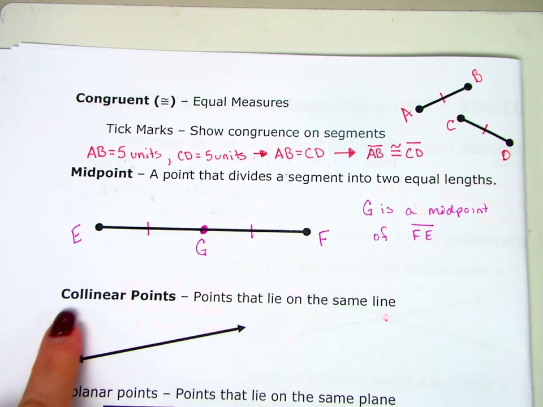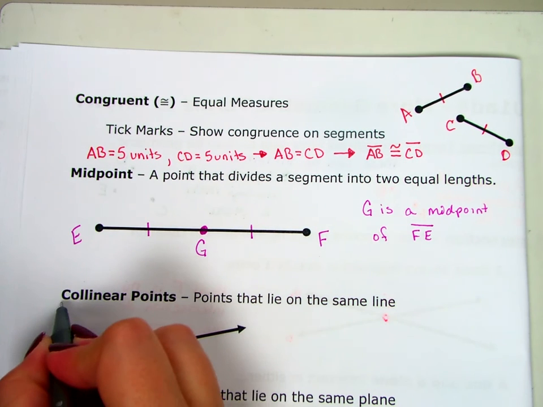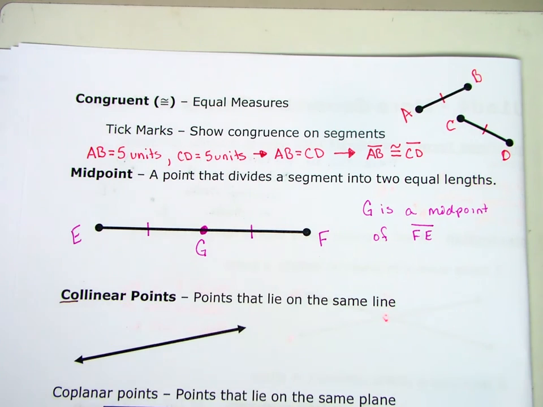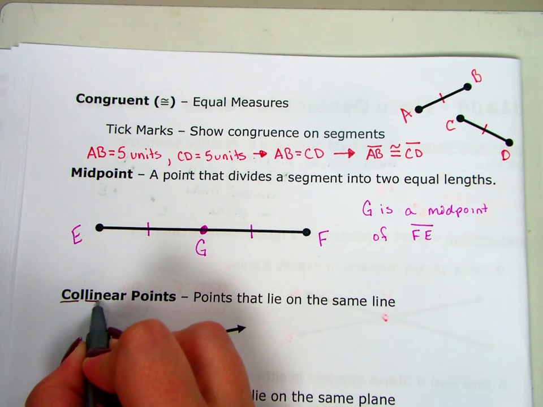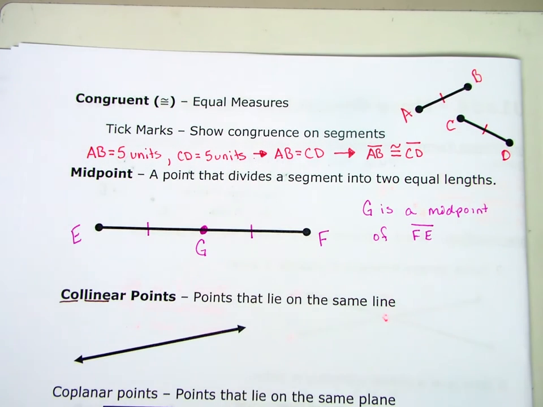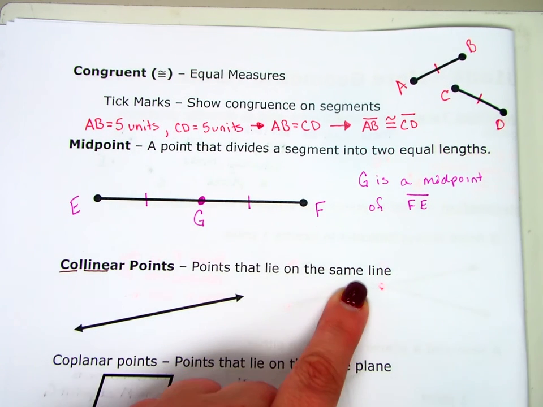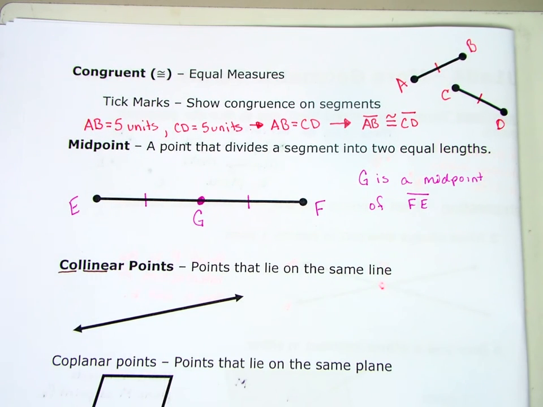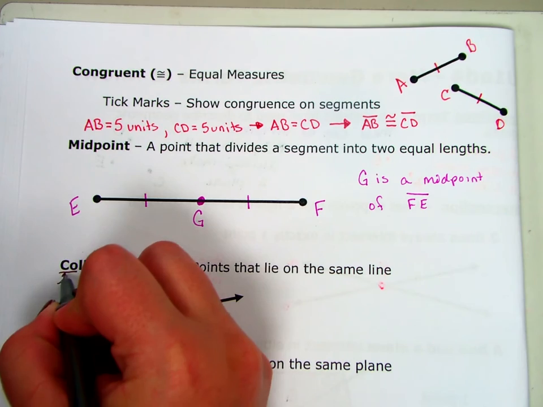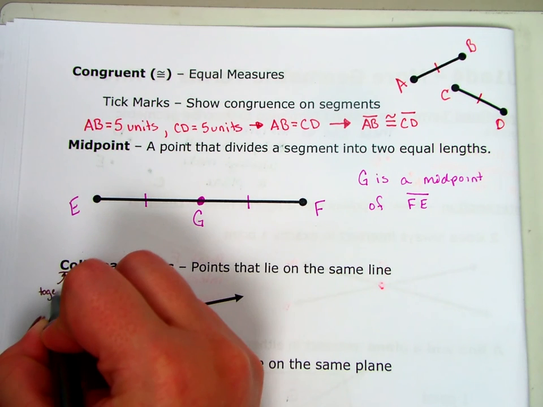Collinear points. Co means together, right? Like I work with my co-workers. We work together. Co means together. Line means line. So together on a line, collinear points are points that lie on the same line. Because co means together.